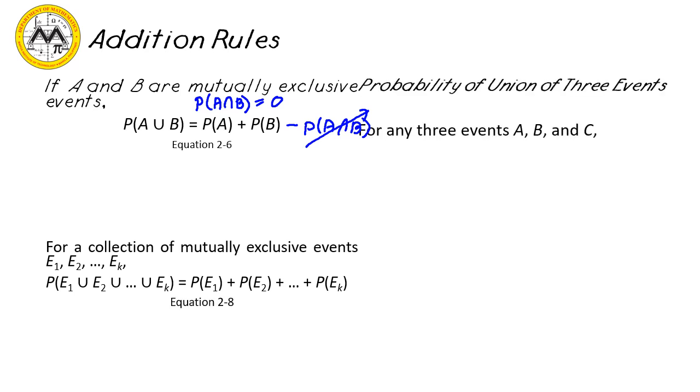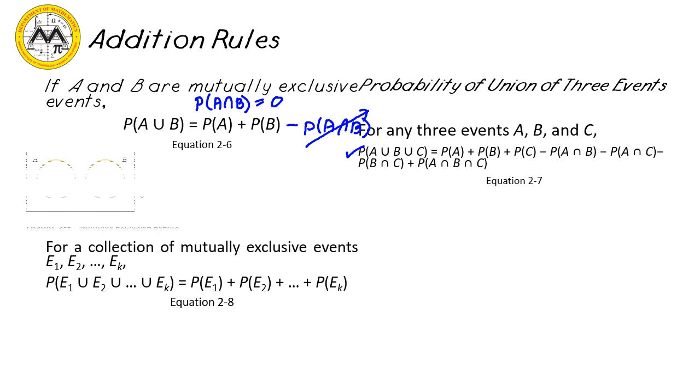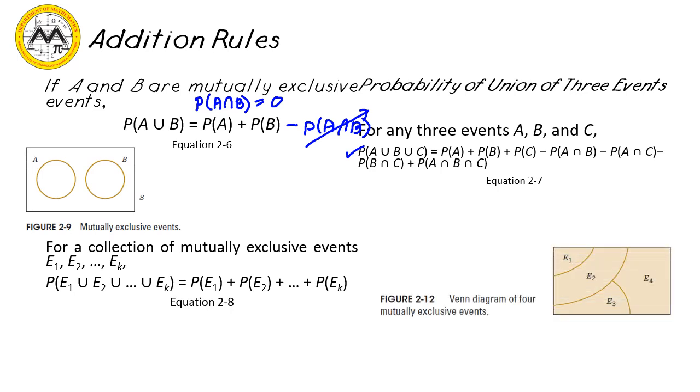For 3 or more events, we use this formula: A union B union C is equal to A plus B plus C minus the intersections taken 2 at a time plus the intersection taken 3 at a time. While if we have mutually exclusive events of 3 or more, it would just be the sum of the individual probabilities.